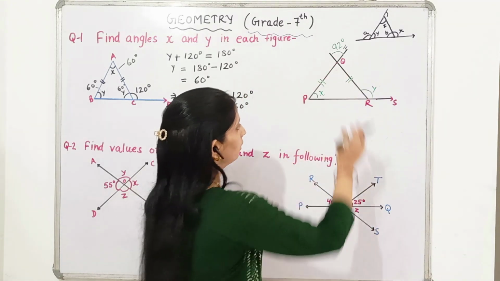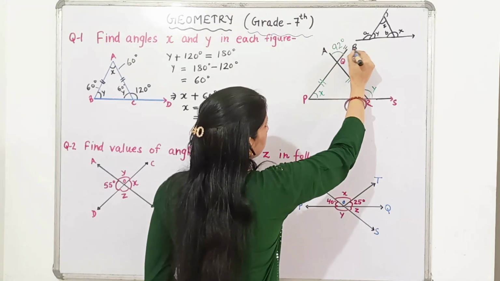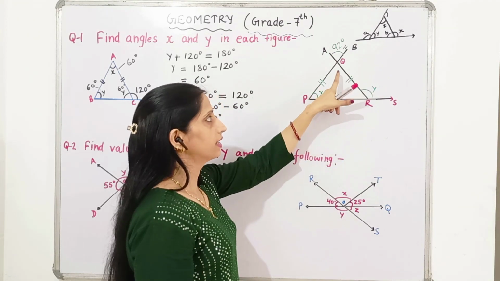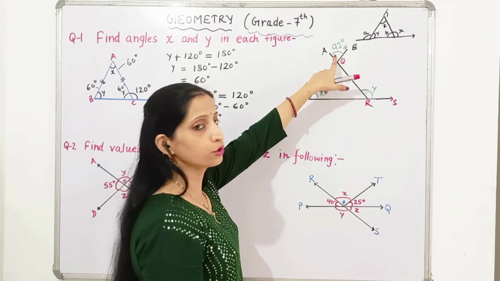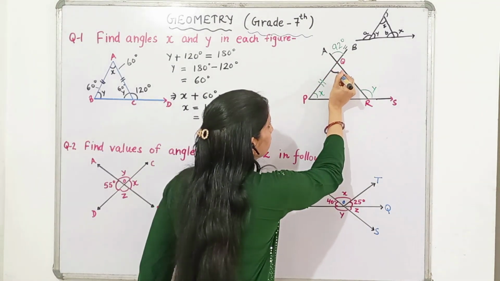See, if I name this A and B, you can see that AR and BP are intersecting each other and they are forming vertically opposite angles, and vertically opposite angles will always be equal.